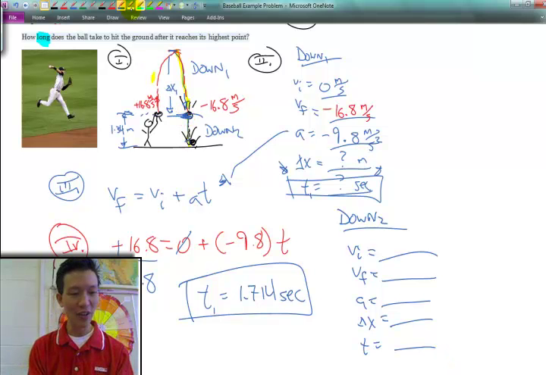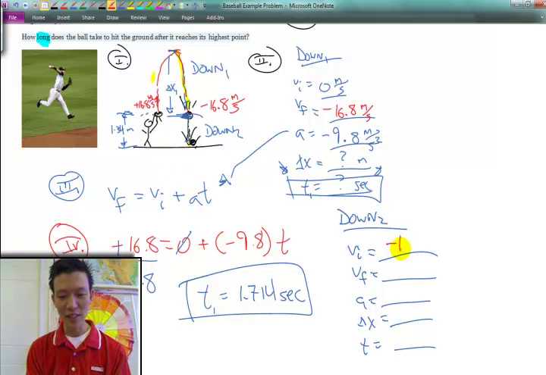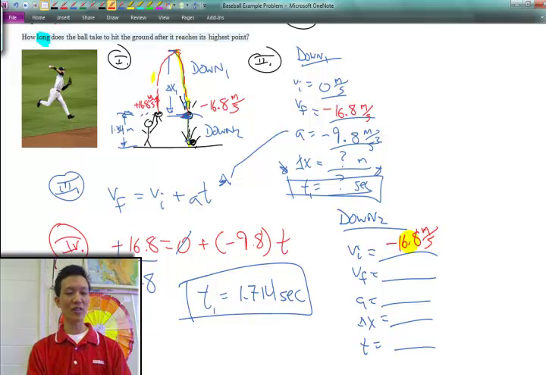If I'm starting from here, my VI is now negative 16.8 meters per second. And someone's like, hey, wait a second, I thought we just said VF was negative 16.8 meters per second. It is, because we were solving for that segment of the trip, from the peak to your hands. Now we're doing from your hands to the ground. You see that? Therefore, we can call VI negative 16.8 meters per second.